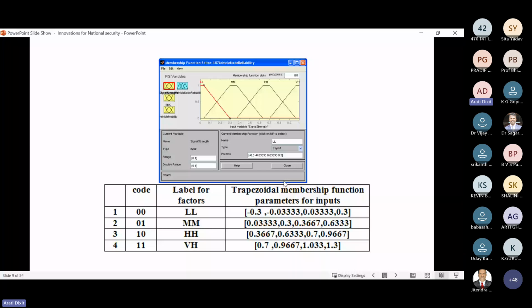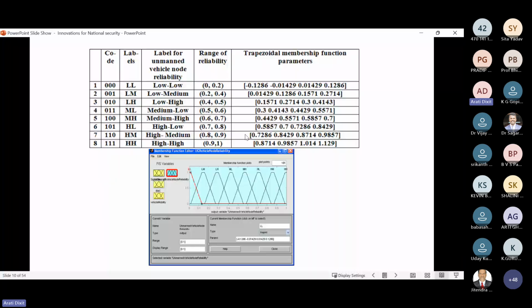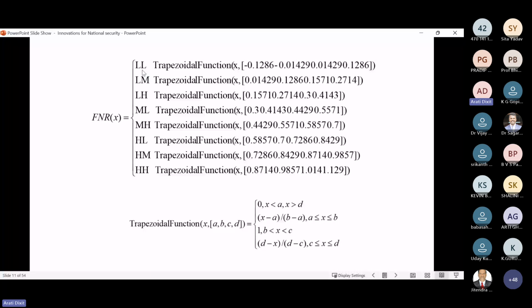Similarly, we can come up with a fuzzy node reliability value, taking into account different factors that we have, defined in the range with these labels. So we have a range with 8 different values.